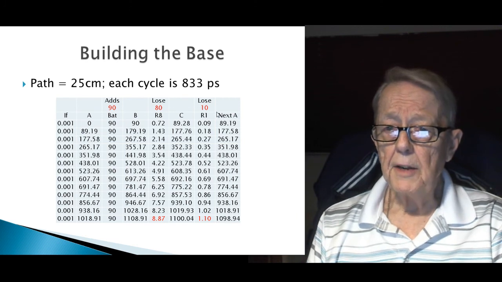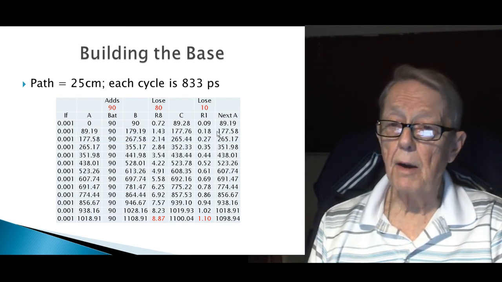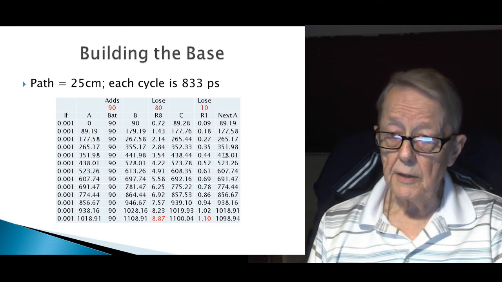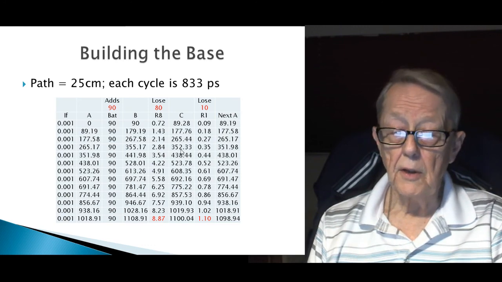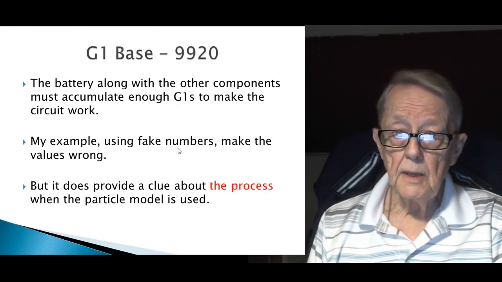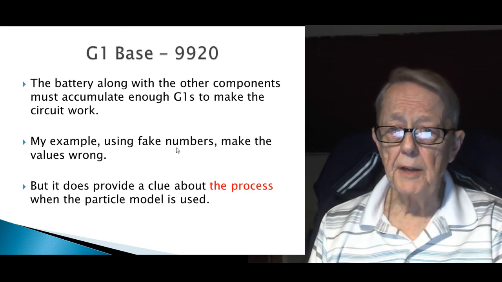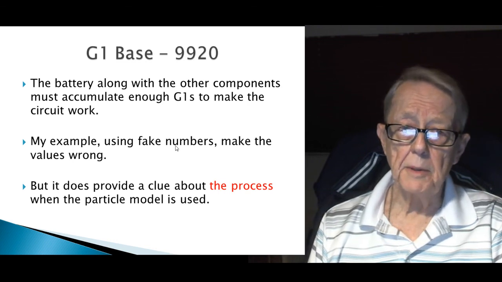You're going to find that you're going to go through this process, but the numbers are going to reduce. These numbers go down until you get to the 10,000. Okay, so the battery along with the base is 9,920 or approximately 10,000.